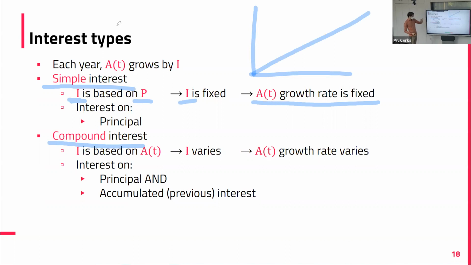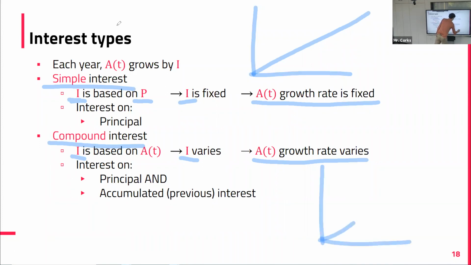Compound interest is different. The dollar value of the interest is not based on the original value, it's based on whatever the current value is of the loan. The current value will always be increasing, so the dollar value of interest that we have to pay also varies. It increases as we go. So the growth rate grows.